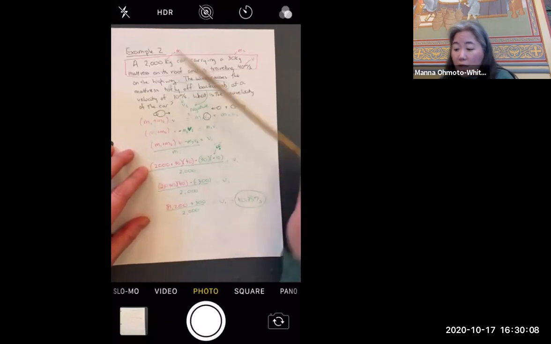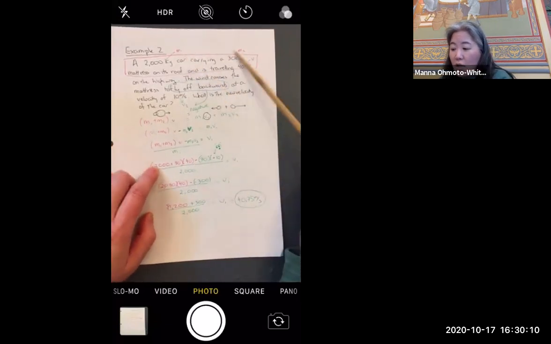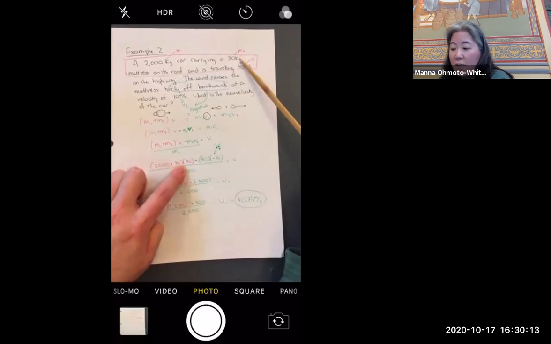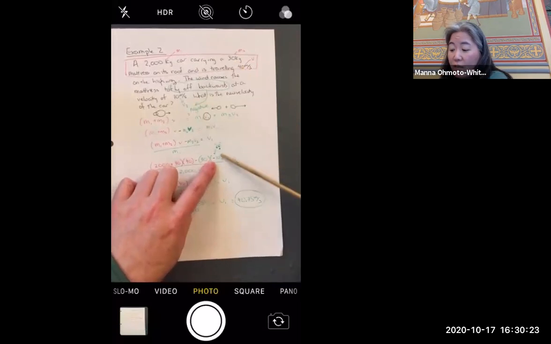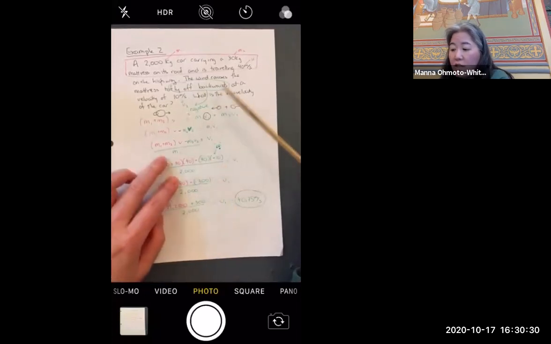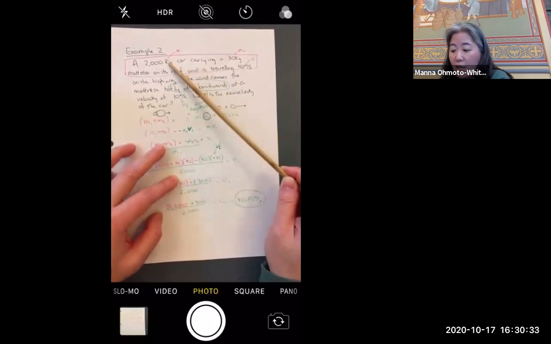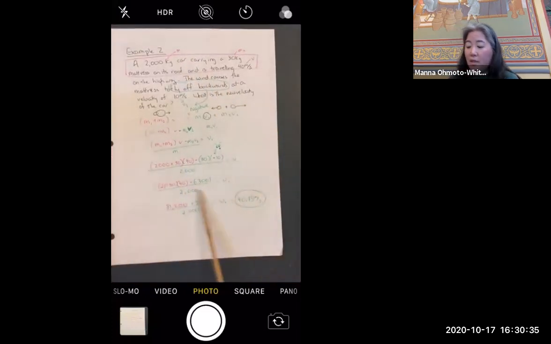So I plug my numbers in: m1 is 2,000 plus m2 is 30, times my first velocity, which is 40, minus m2 times its new velocity, which I have to remember has got to be a negative number because it's flying off backwards, over the mass of my car, which is 2,000. That's m1. So then I plug in the numbers and I solve, and I end up with my velocity of my car increasing a little bit to 4.75 meters per second.